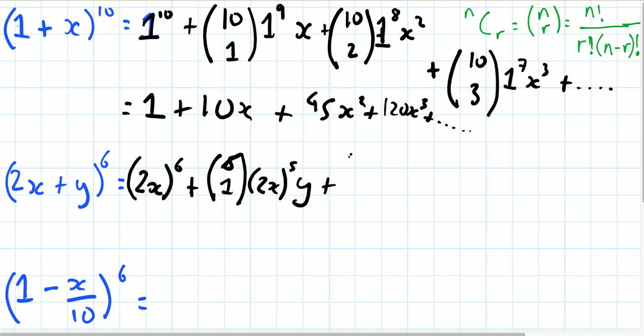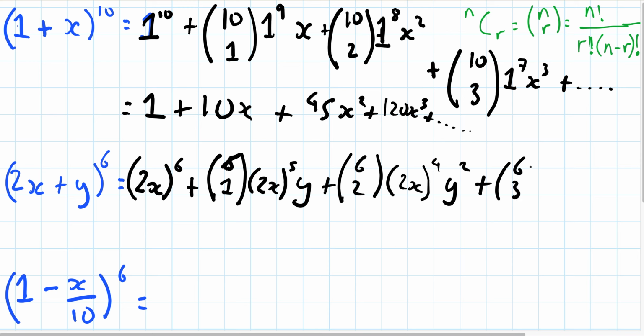Plus 6C2 times (2x) to the power of 4 times y squared, add 6C3 times (2x) cubed times y cubed, so plus dot dot dot, and you just keep going on.